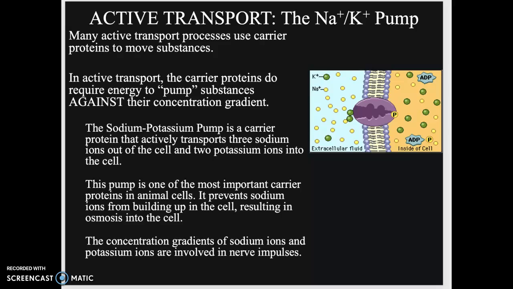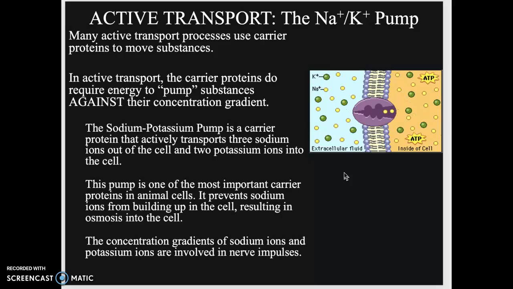The pump pumps the potassium from the left side of your screen to the right side, and it takes the sodium and pumps it from the right side of your screen to the left side.